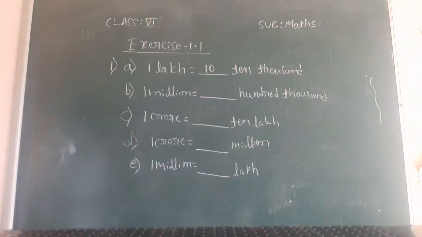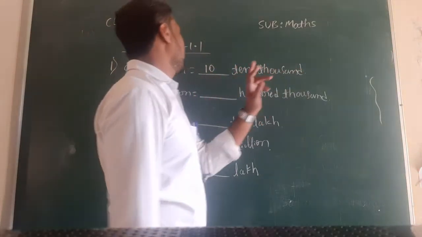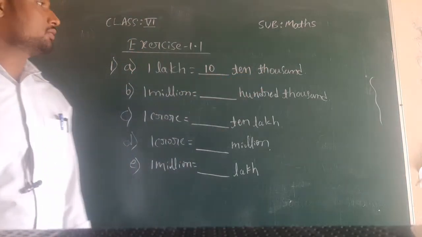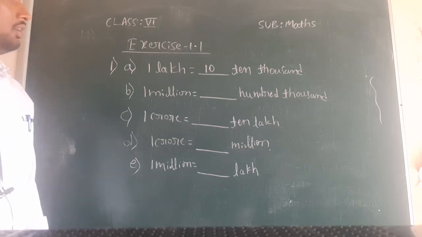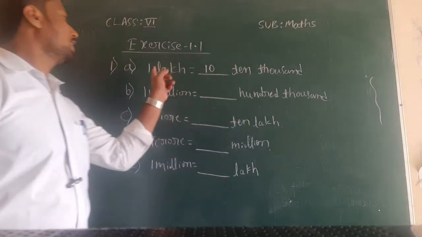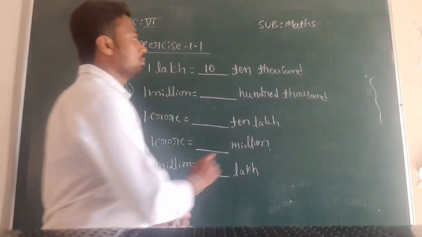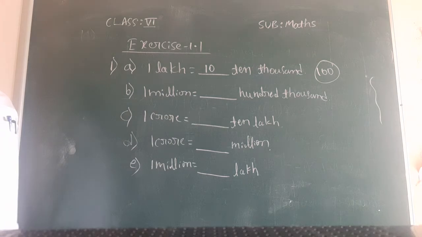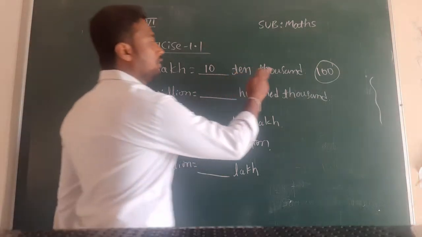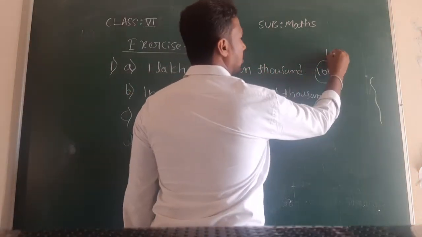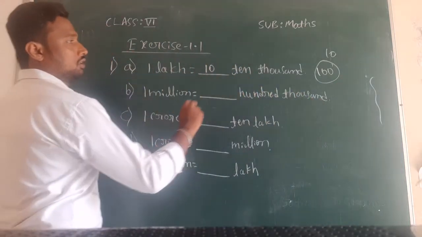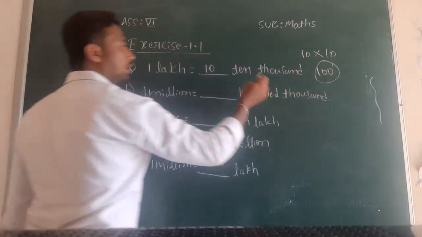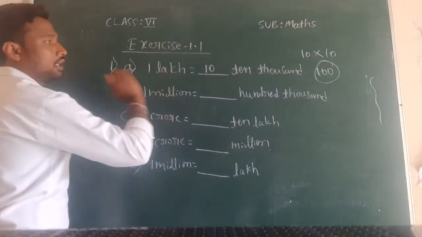In 1 lakh, how many 10,000s are there? 10 into 10 means 100, so 100,000s means you will get 1 lakh.